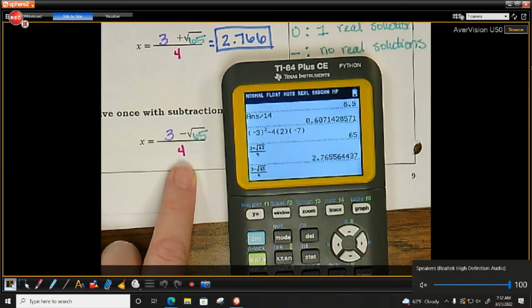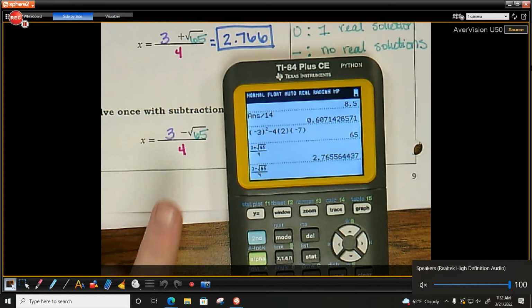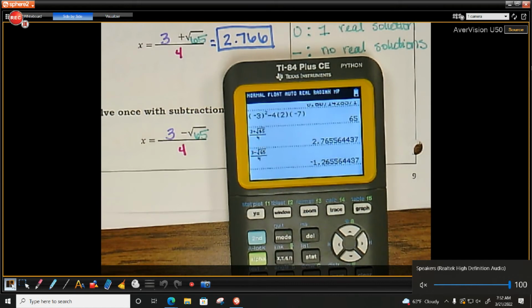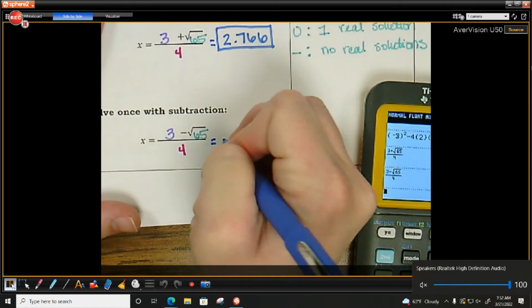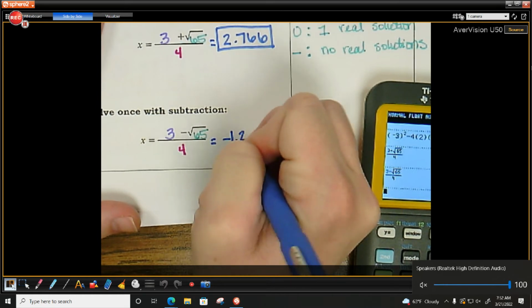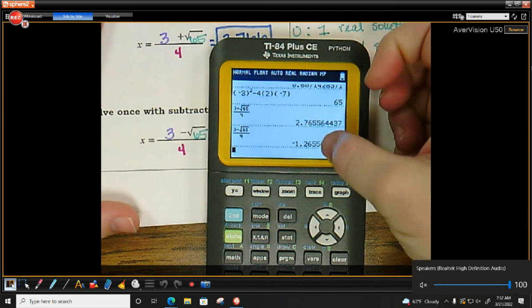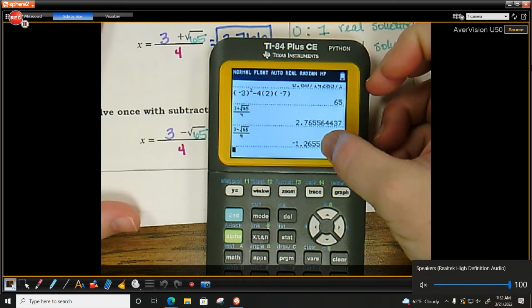Okay, did y'all know you could do that? Some of us maybe not. And hit enter. And we get negative 1.26. Does the 5 round us up? Yep, so the 5 becomes a 6.